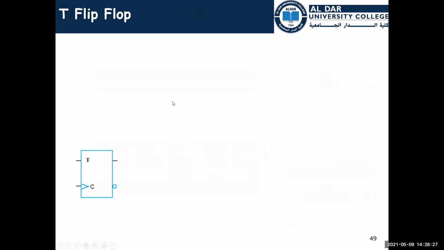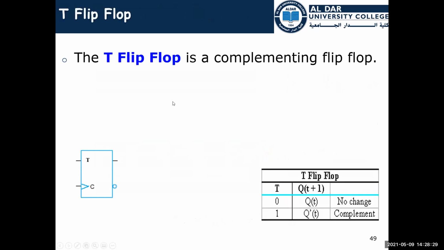The T flip-flop is the same as the JK flip-flop, but we have only two entries. The first entry is 0, which is the T here. Whenever it is 0, we keep the previous state. Whenever T is 1, we complement the previous state. So if we have encountered 0 here, there is no change.